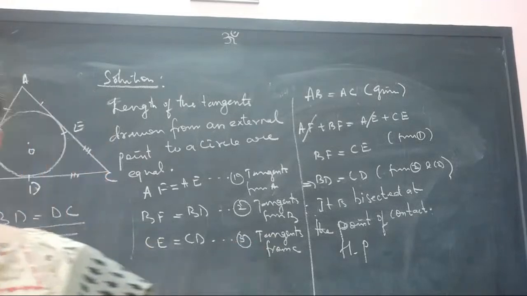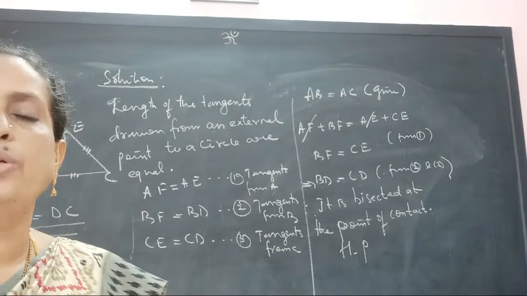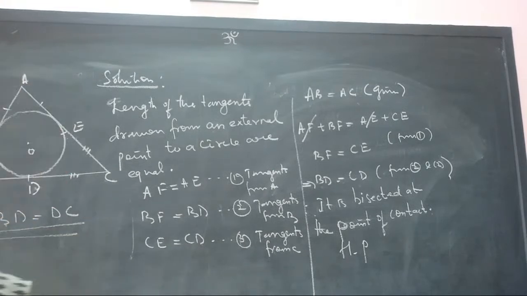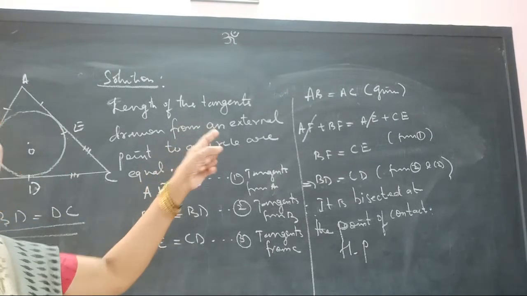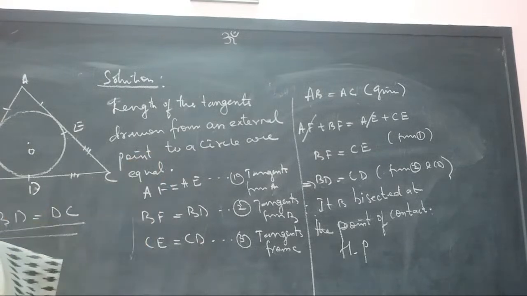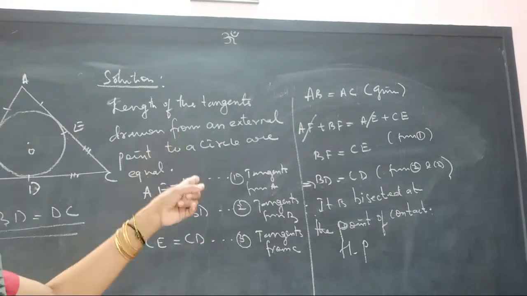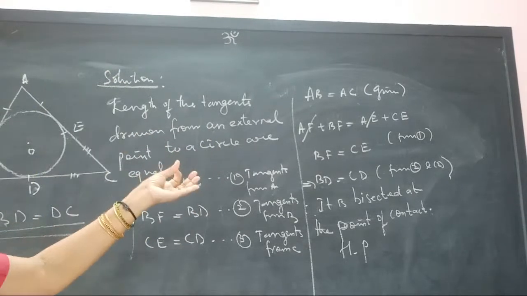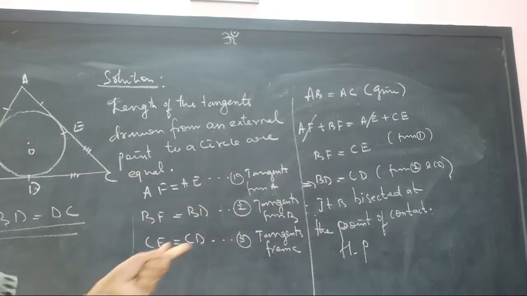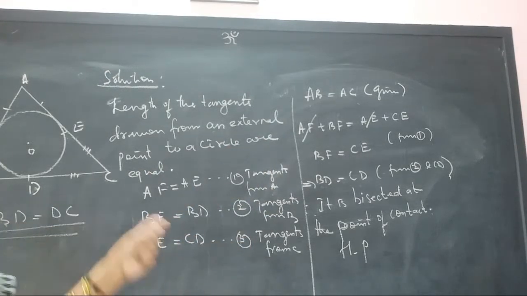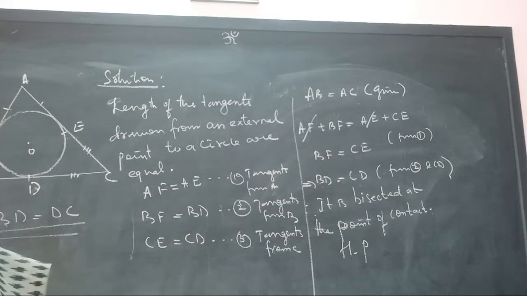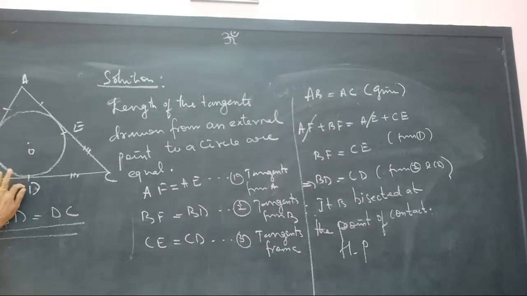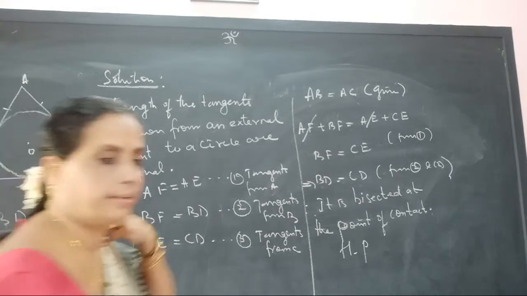So after getting the pairs of tangents as results 1, 2 and 3, again using the condition given in the question, writing it part by part, cancelling the equal according to result 1, and substituting results 2 and 3, finally we got BD is equal to CD. That shows that BC is bisected at the point of contact. Here the point of contact of the tangent is D, hence the result.